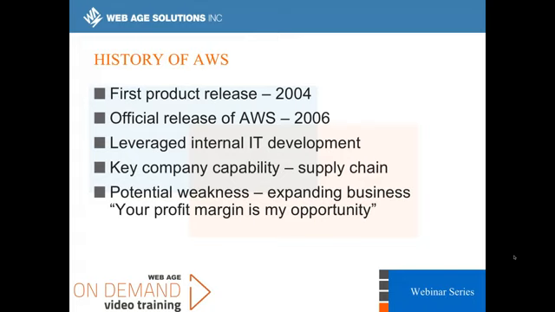The potential weakness of working with Amazon is that Amazon looks across the universe of business for its opportunities. And this quote, which has been credited to Jeff Bezos: your profit margin is my opportunity. So you have companies that have been in business with Amazon and suddenly find that Amazon's in their same business.